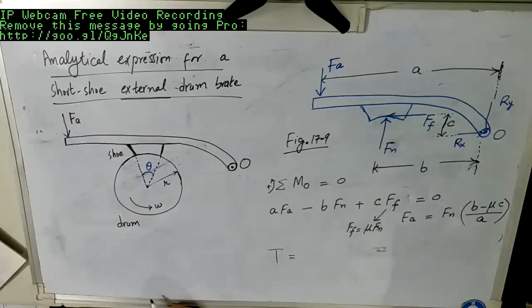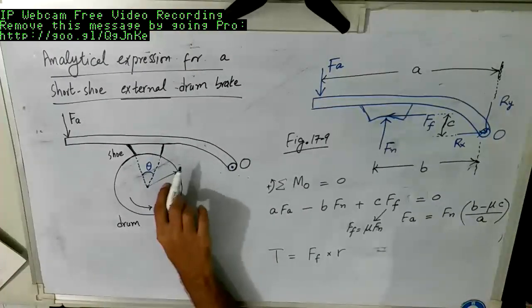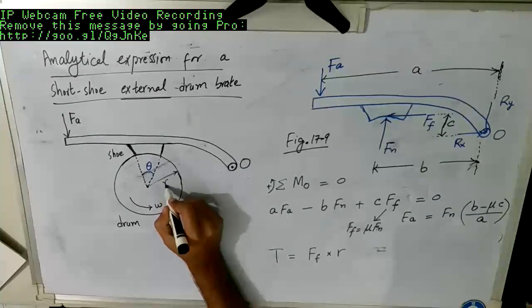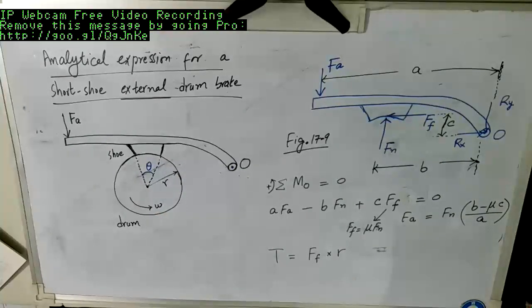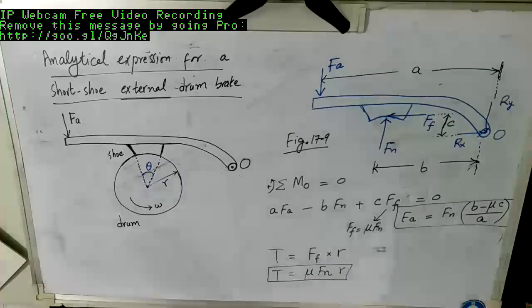The torque is the frictional force times the radius r, and again this Ff is equal to mu Fn, so this will be mu Fn into r. So this is our relationship for torque, and here we have the relationship for the actuation force.